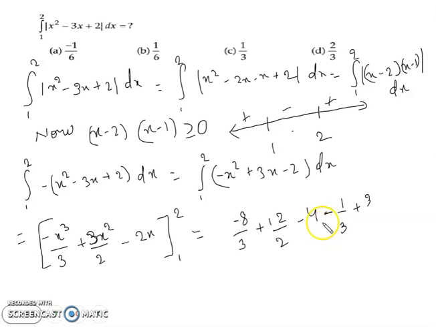So we can write here plus 1 by 3, and on the basis of the formula we can write minus 3 by 2, and it will become minus 2. Now I am going to take the LCM of all this term and we will get the value 6.